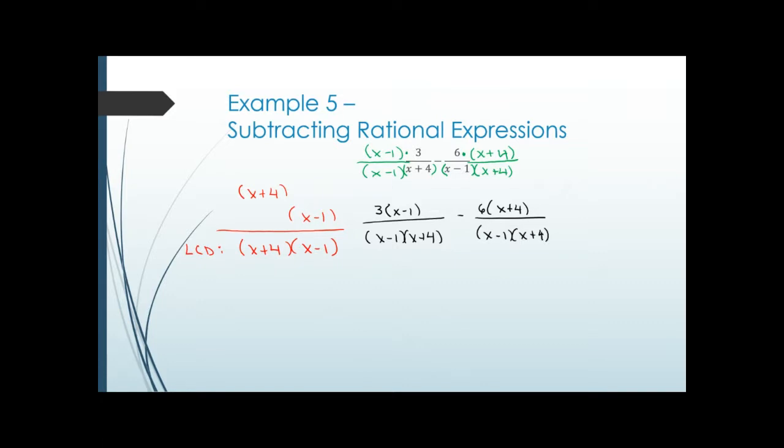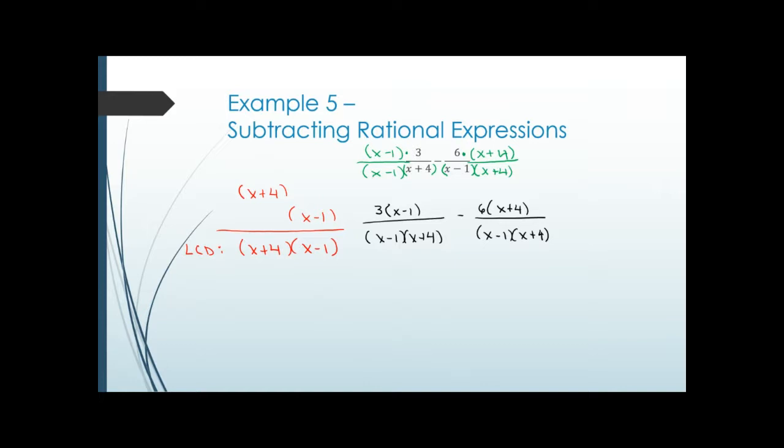So this is what I have. I have 3 times x minus 1 over x minus 1, x plus 4. And then I have minus 6 times x plus 4 over x minus 1, x minus 4.